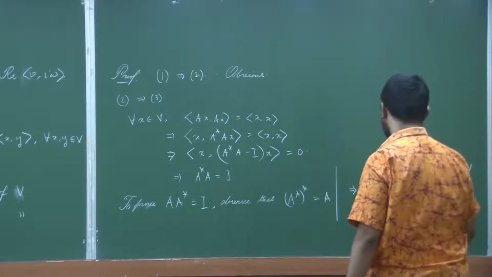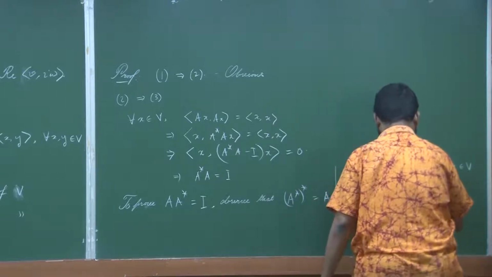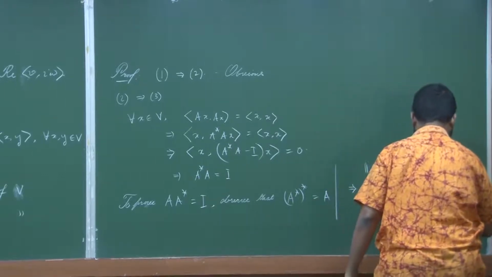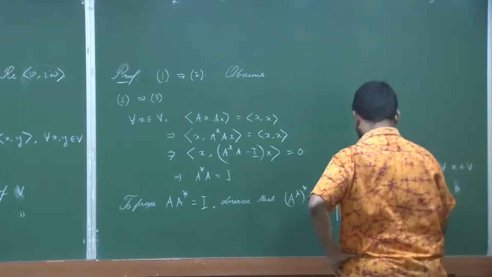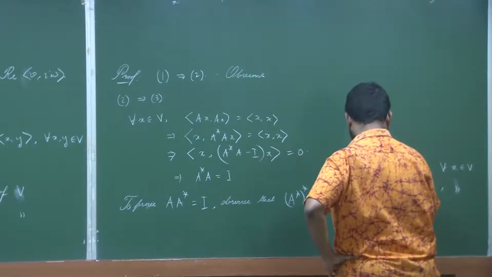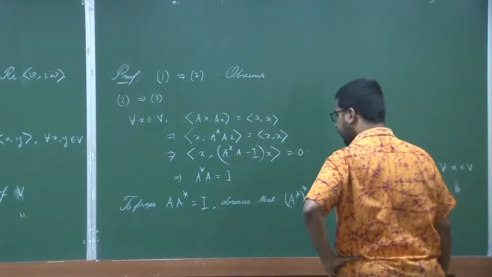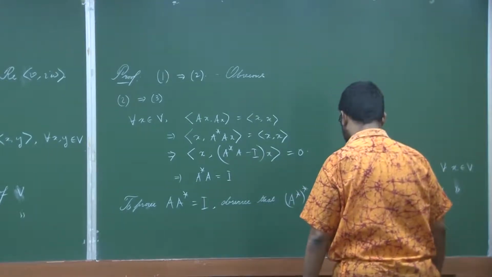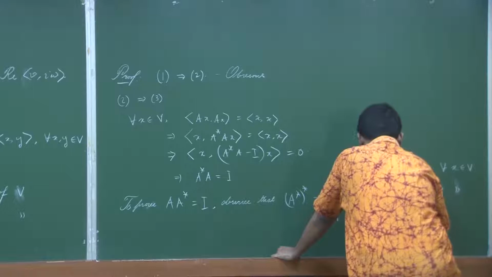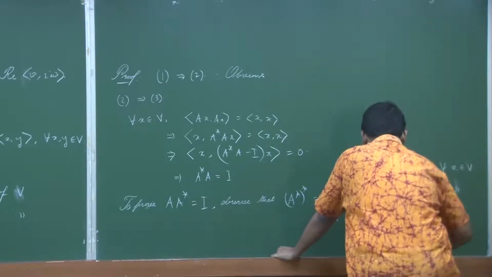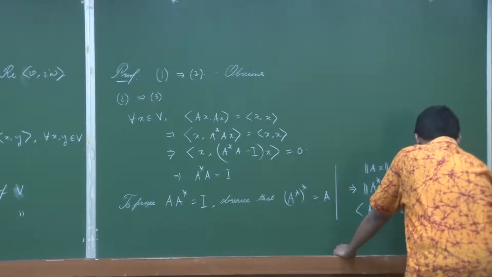Whether this holds or not, can we say that? Here we do have A star A is identity. So, once we have that, then A star x is equal to, for us, A star A.